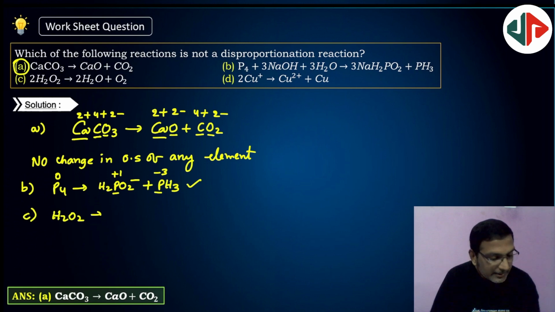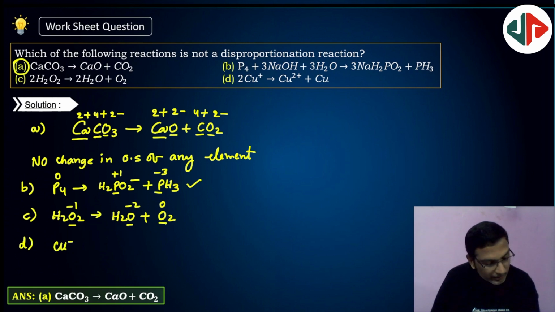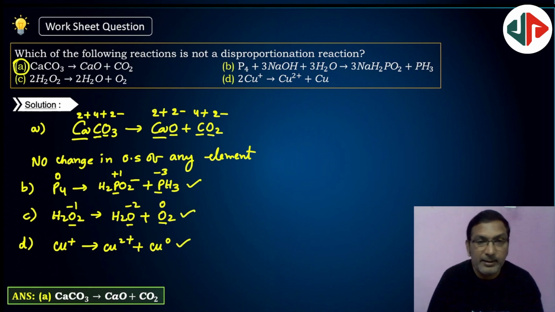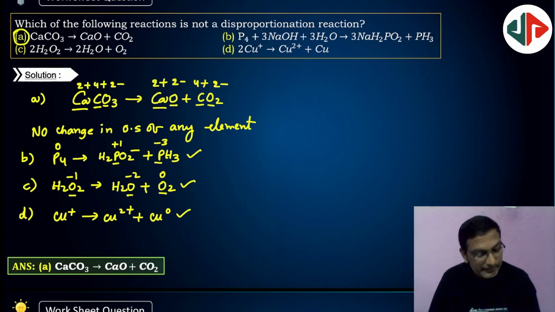So already we have discussed H2O2 gives H2O plus O2. Here minus 1, here minus 2 and 0. Next option D. Cu plus changes to Cu2 plus and Cu0. So single oxidation state changes to two different. Therefore B, C, D are disproportionation. Next.